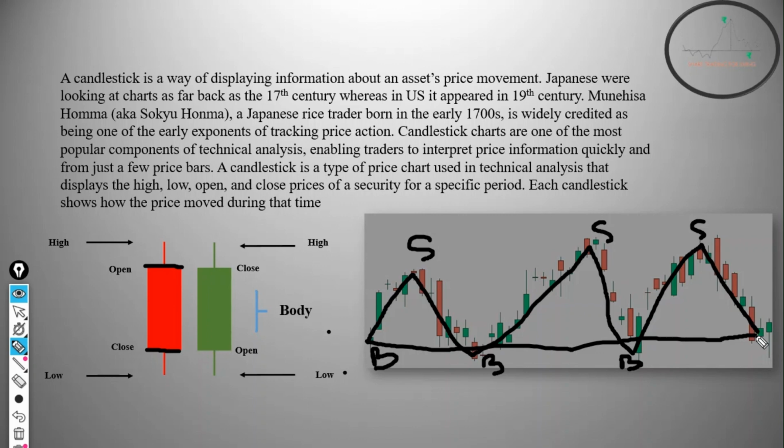So multiple profitable trades. And all this can only happen if we know the candles which give us the signal to enter into a trade or to exit from a trade.